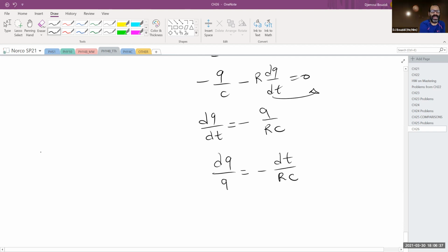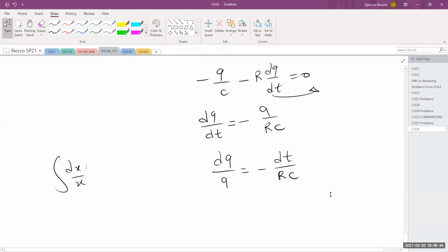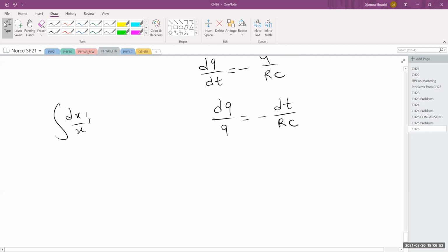Now integrate both sides. What's the integral of dx over x? Because that's what this integral is. Marcela, yeah, the integral is dx over x. So what is the integral of dx over x? Like, what is it after we integrate it? Wouldn't it be x squared over?